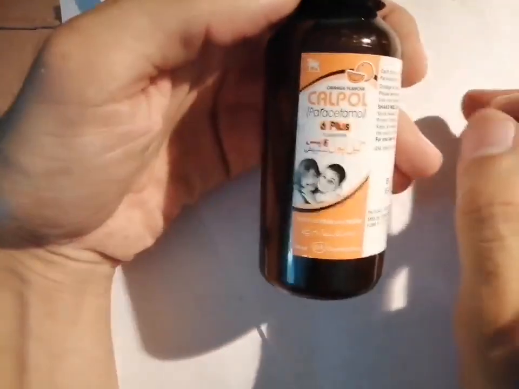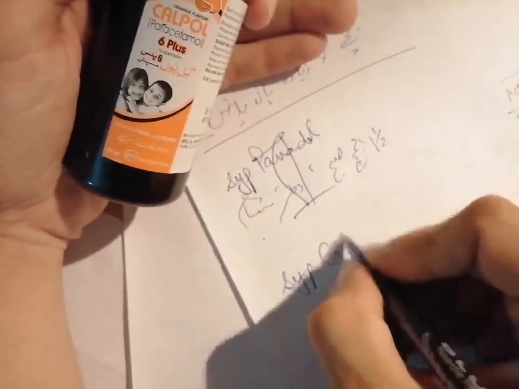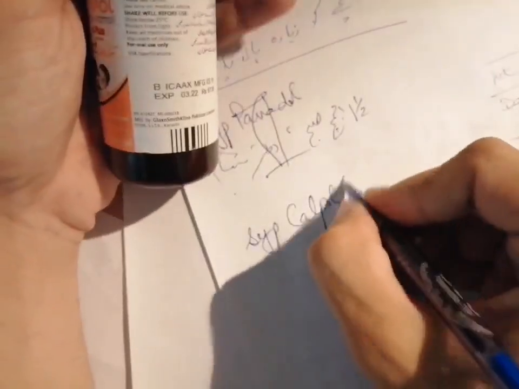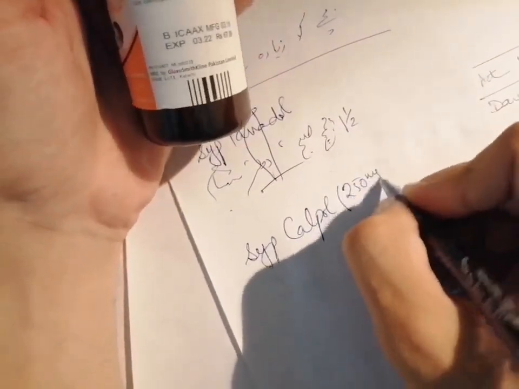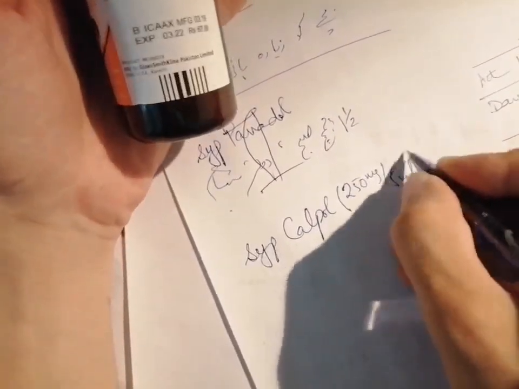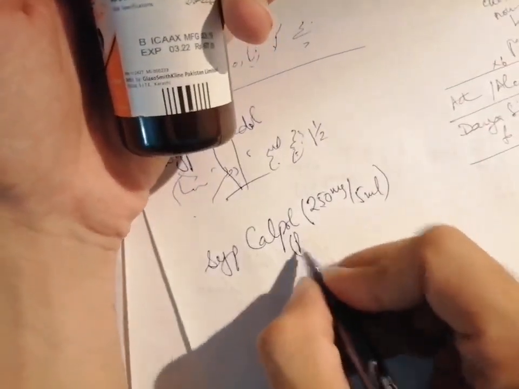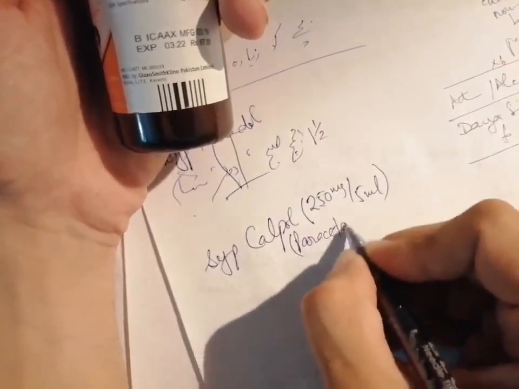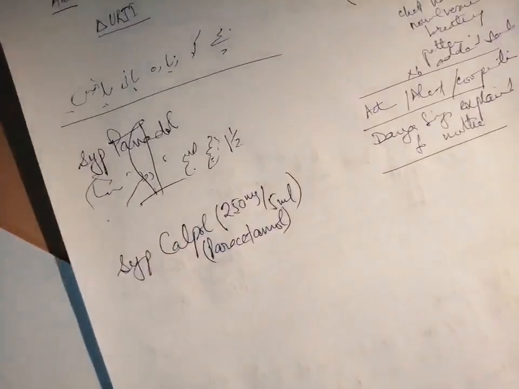So if I were to write syrup Calpol, I would write the orders as syrup Calpol. The strength is 250 milligrams per 5 ml. And now I know that it contains paracetamol, and the dose of paracetamol is 10 milligram per kg per dose, right?